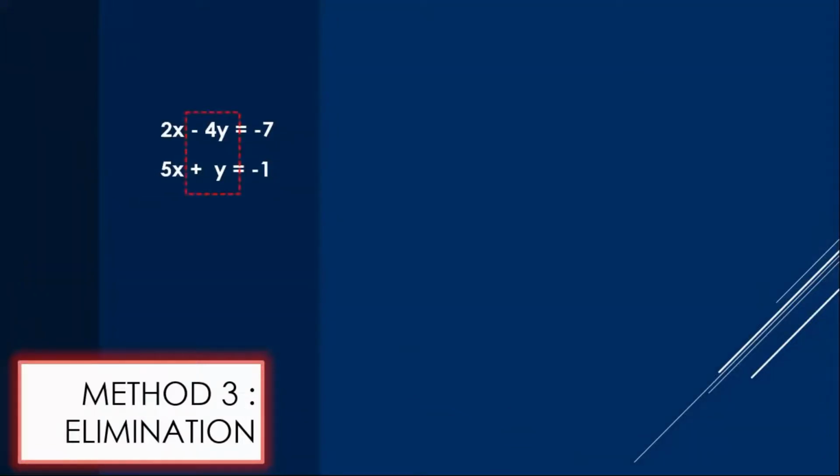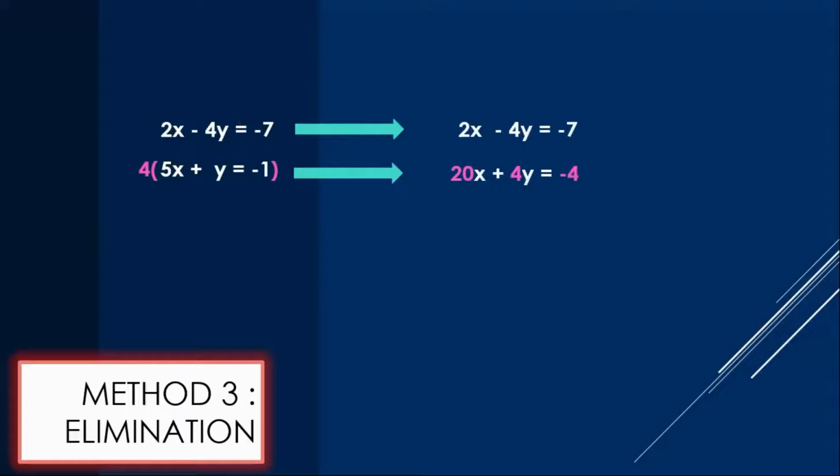Let's zoom in, let's pay attention right here to -4y in the first equation and plus y in the second equation. I'm going to multiply that second equation by 4. You'll now note that in the top equation, equation 1, I have -4y, and in the bottom I have a positive 4y. I'm going to add equation 1 to equation 2.